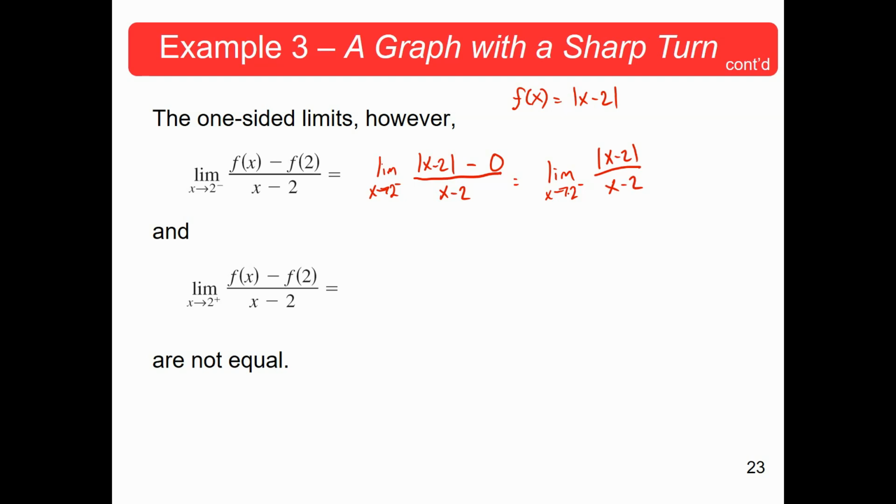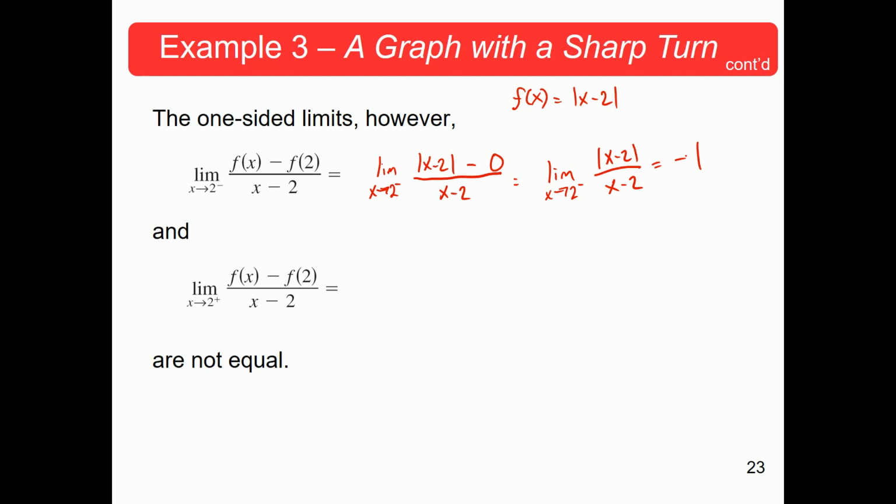Since we're talking about from the left, we've got 1.999 or whatever, so we'll just use 1. 1 minus 2 is a negative number. A positive number divided by a negative number gives us negative infinity, right? No, it doesn't. It gives us -1. Come on, y'all. I didn't give you a chance to catch that one. I'm sorry. So our limit is -1.